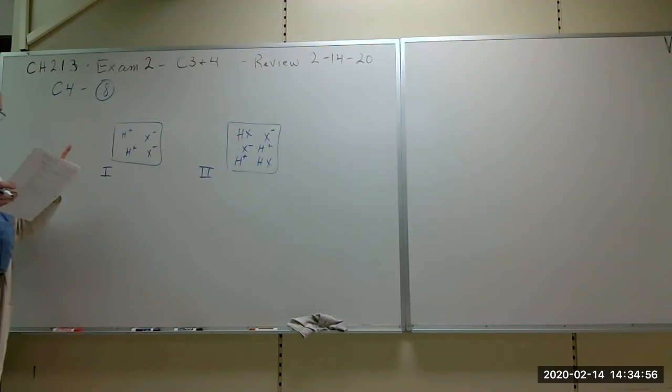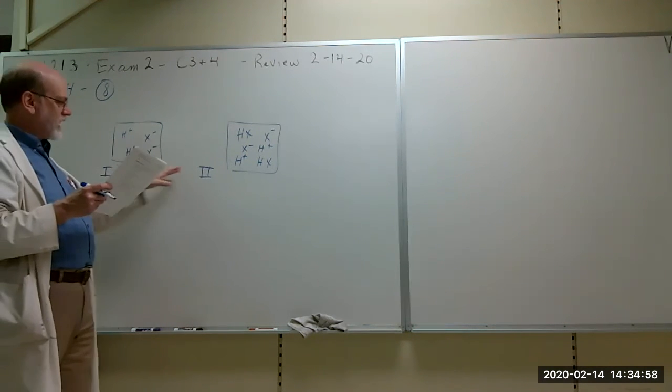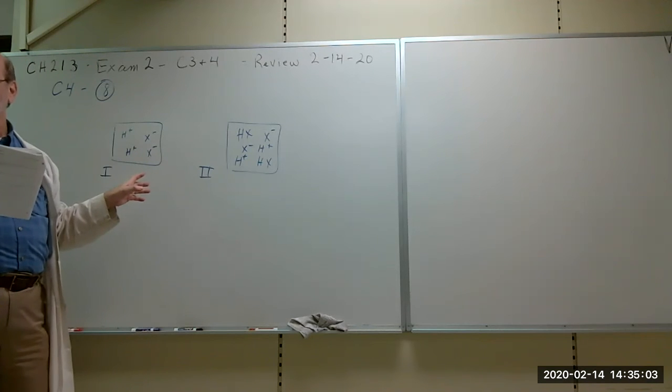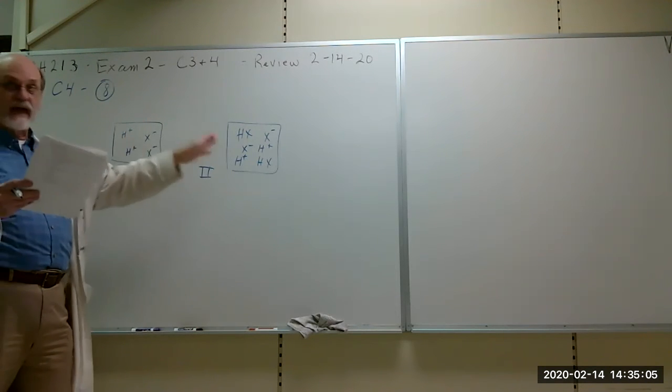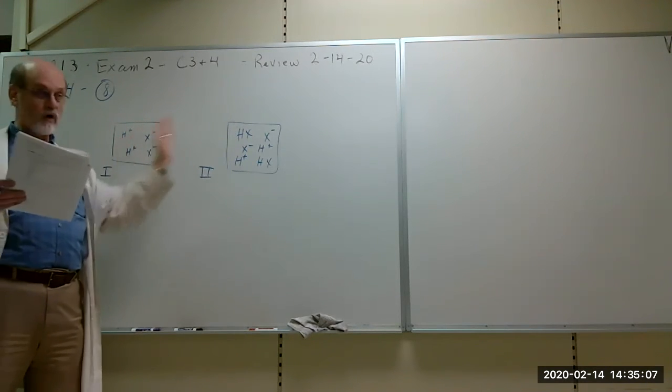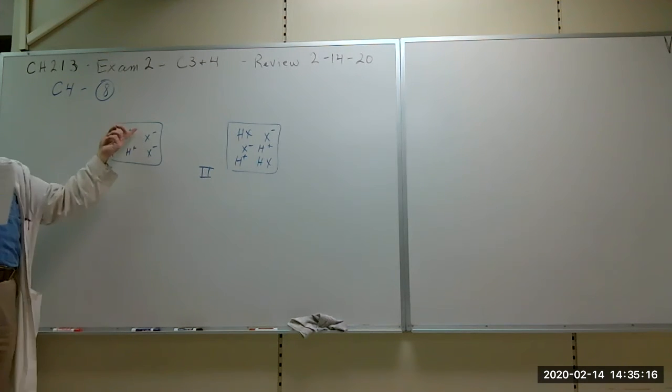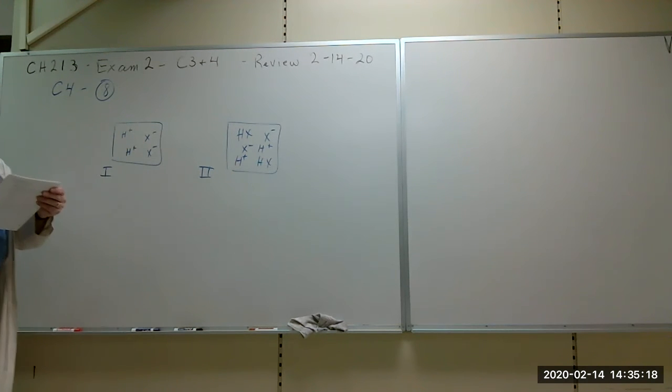In both cases, HX is acting like a strong acid, false. Both cases acting like a weak acid, false. Right? It's one and the other. Strong, weak. So HX is not soluble in water. Well, that's false, because you can see it's right there. So the only one that answers that is B.